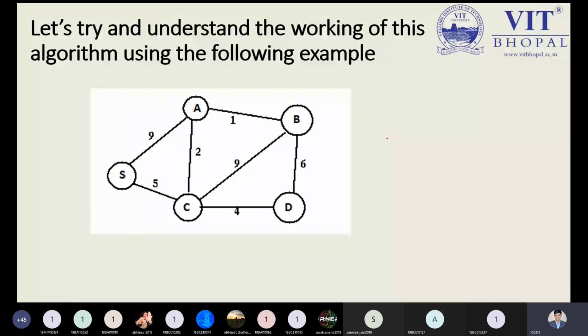Justin, please communicate with me properly so I can understand you are doing it with me. Yes, sir. Okay. One second, sir. Please, because it is a necessary part, the most important part for understanding the shortest path in the graph data structure, and it is the most important algorithm because this algorithm is applicable anywhere.